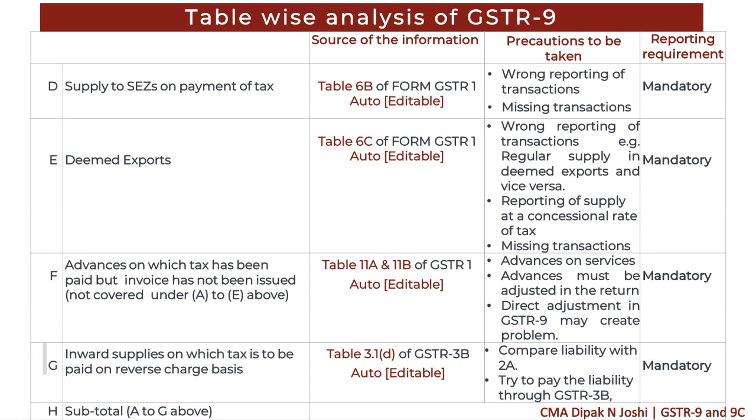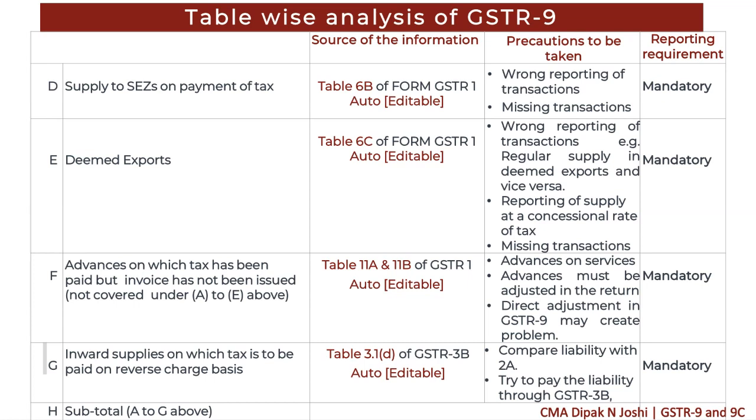Now, while furnishing information in table 4G of GSTR 9, one should compare that liability with the auto-populated liability in table 8A of GSTR 9, that is, GSTR 2A.